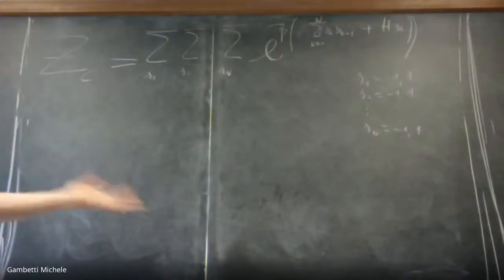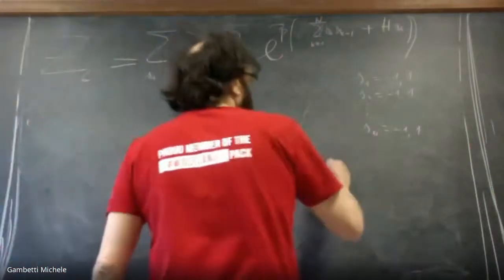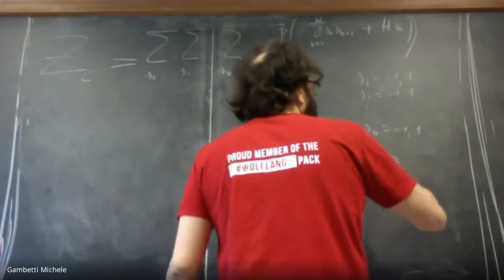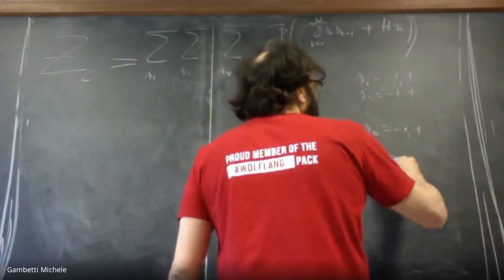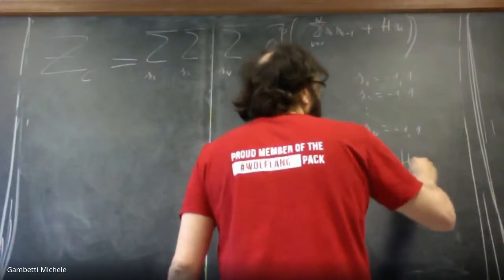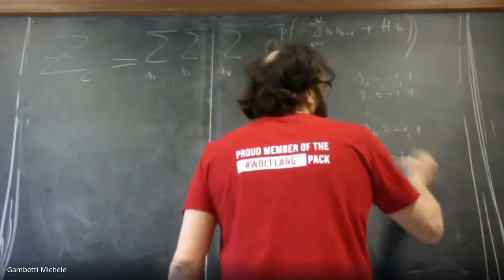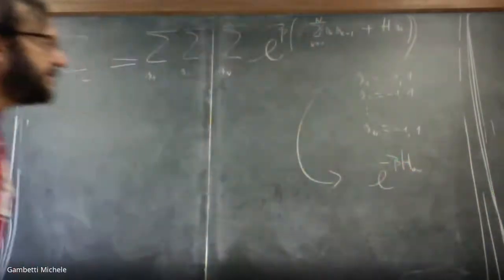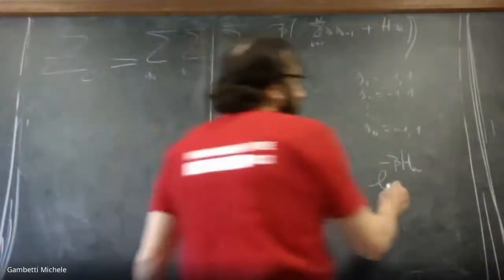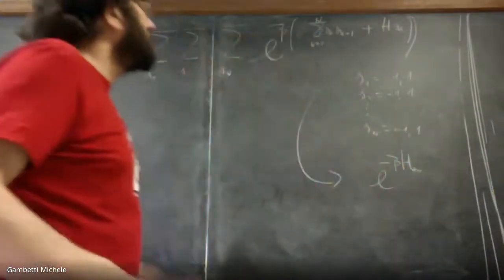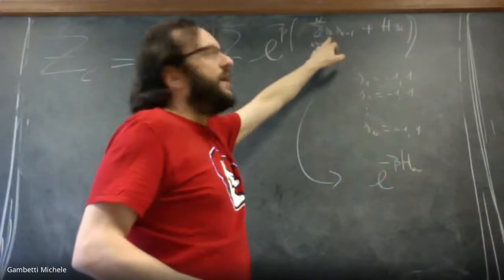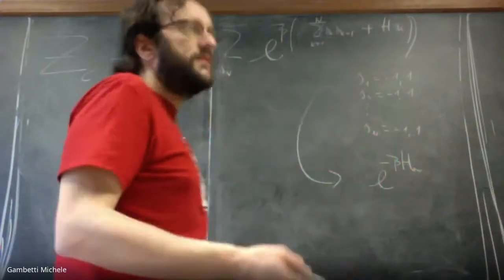Well, actually, it has the form of a trace in the sense that this can be thought as e to the minus beta times the Hamiltonian. Let me say M just to not confuse with this, which is a magnetic field. The Hamiltonian contains, instead of the eigenvalues, the operators, which can be sigma 3, for instance.